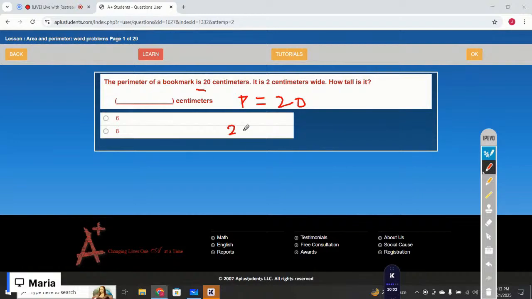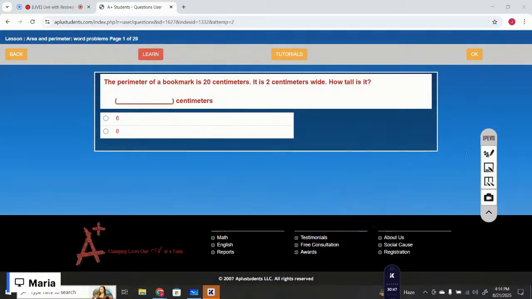We need to find the missing one. So P equals 8. Option number 2 is the correct option.